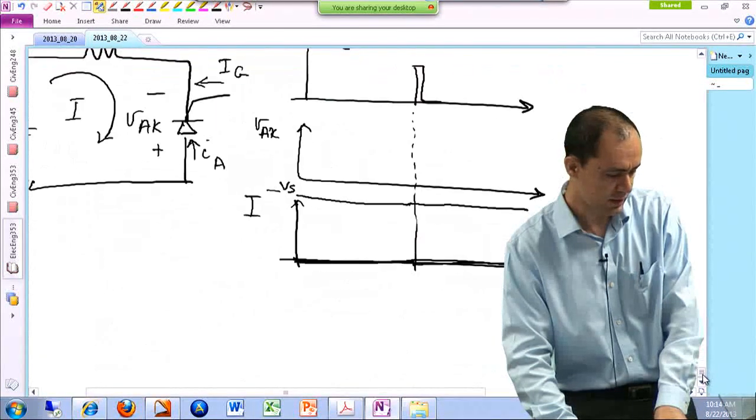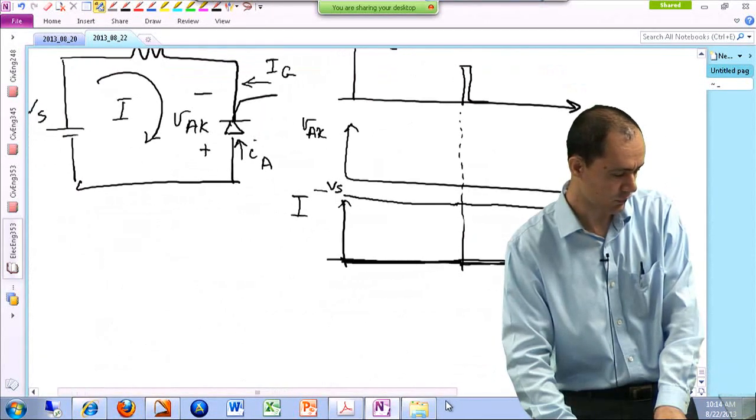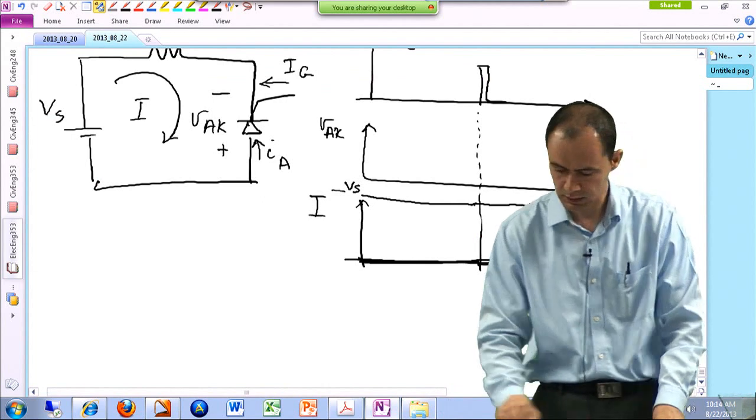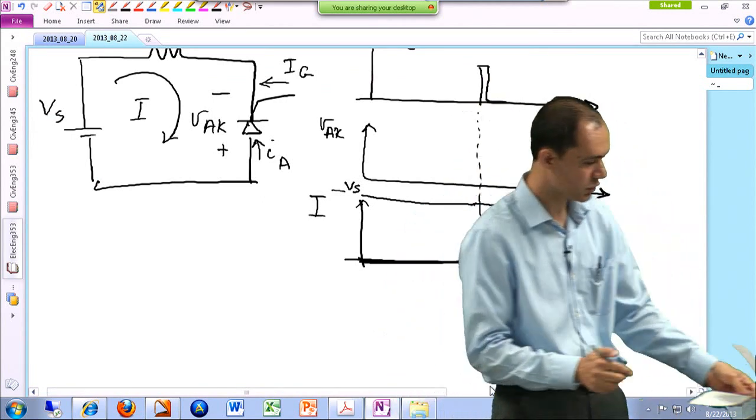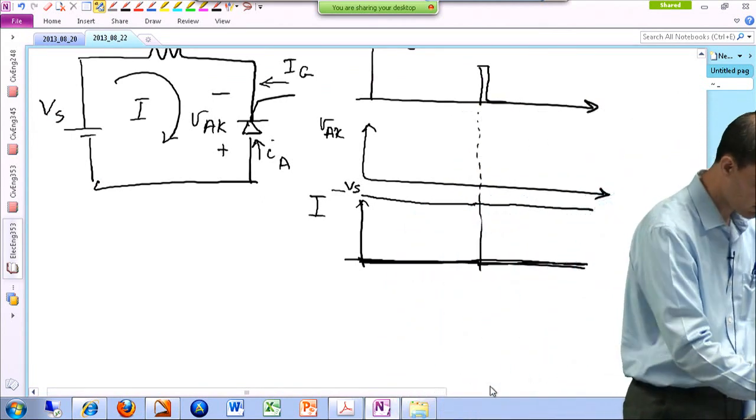Now let's talk about devices that we have complete control over. The first one is, let me just write it down here, power MOSFETs or power transistors.